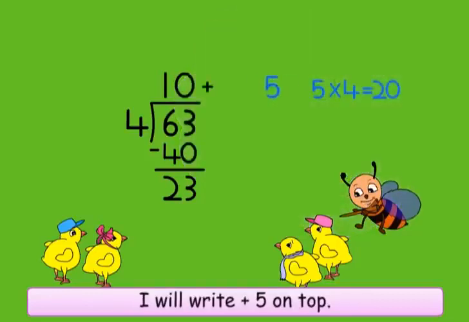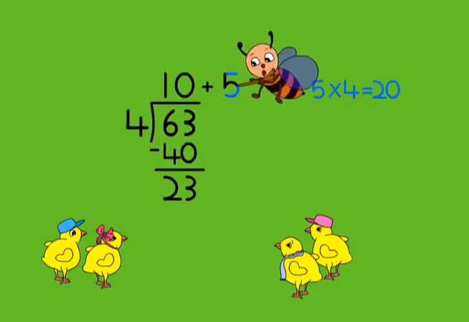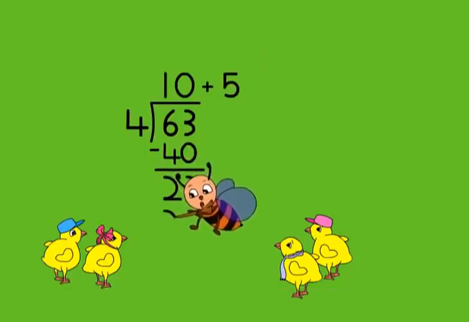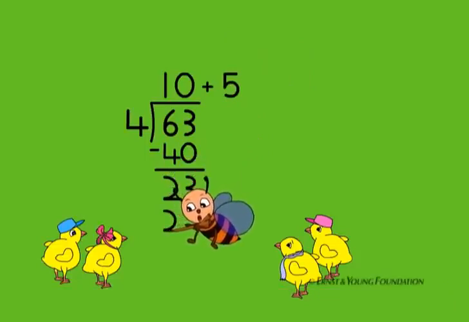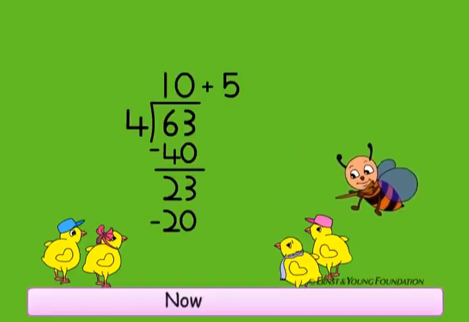I will write plus 5 on top. Then I will write 20 under 23. Now 23 minus 20 is equal to 3.